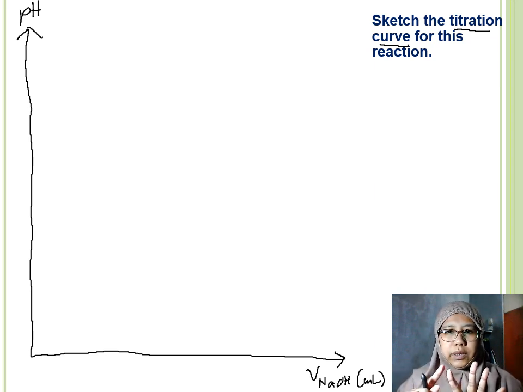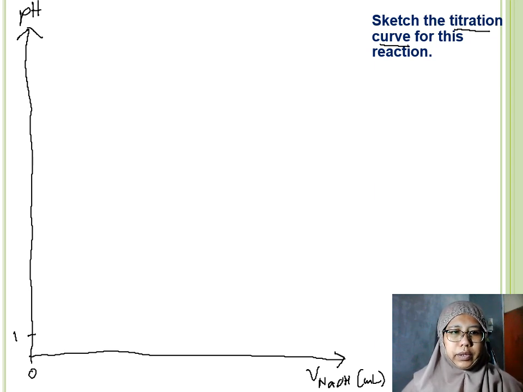The first one is 1, 2.69, 7, and 12.23. So before we do the titration at 0 ml, the pH is 1. So this is the first dot. And then when we do titration at 24 ml, we got the pH 2.69, so it's around here.